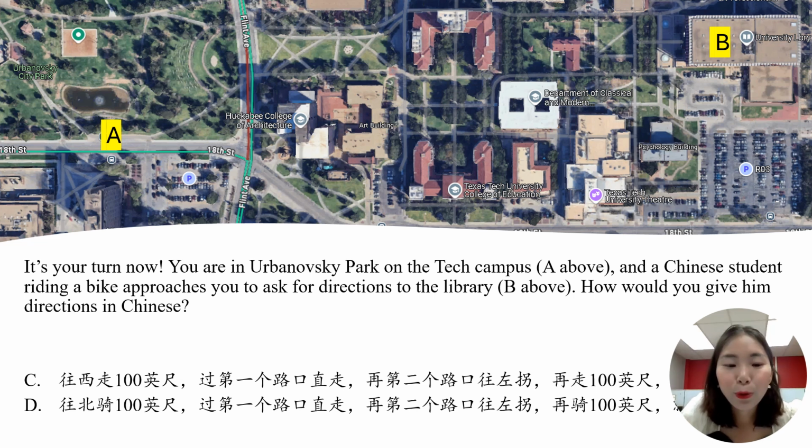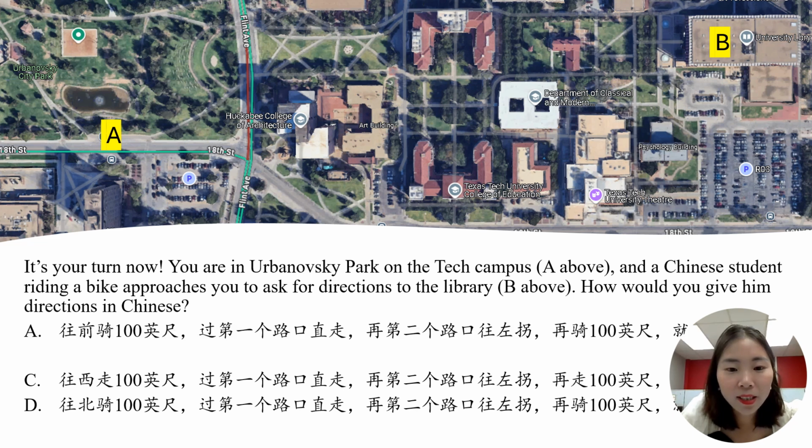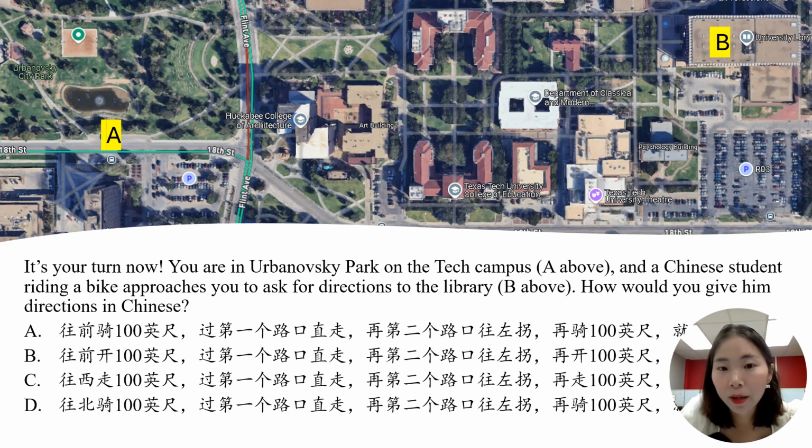Now it's your turn. You are in Verbanowski Park on the Texas campus, and a Chinese student riding a bike approaches you to ask for directions to a library. How would you give him directions in Chinese?